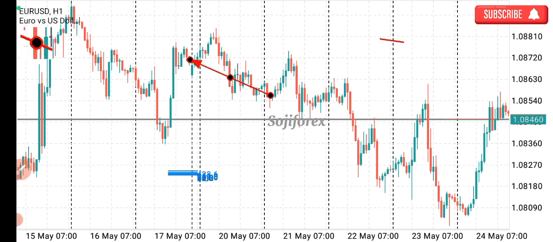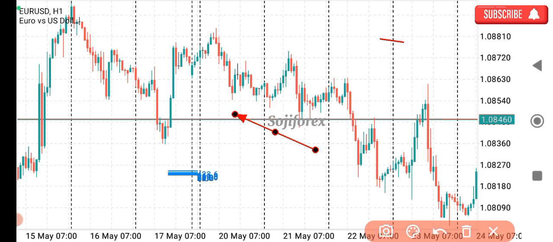So for you to be able to draw an effective trend line, you need to identify two structural points. For a downtrend, you should be able to identify two lower lows. So in this market scenario, this is our first lower low and this is our second lower low.